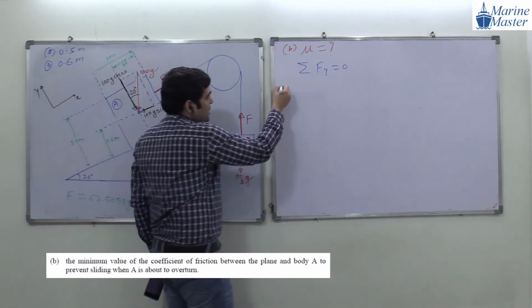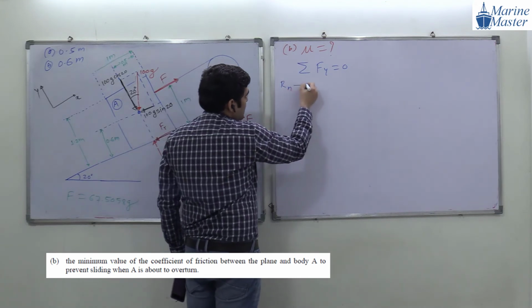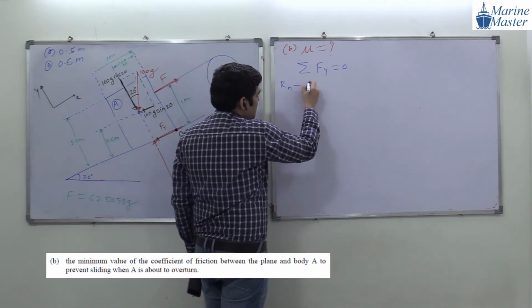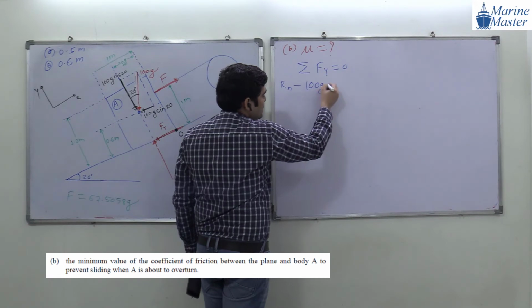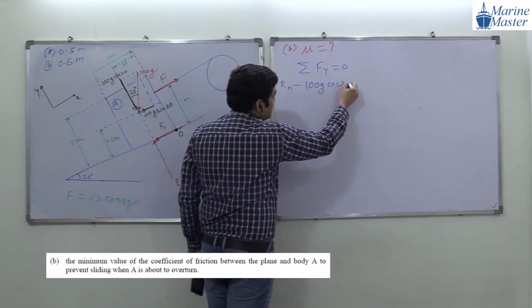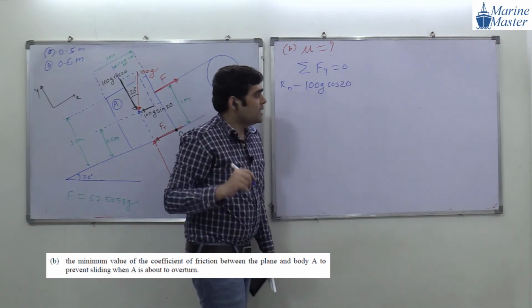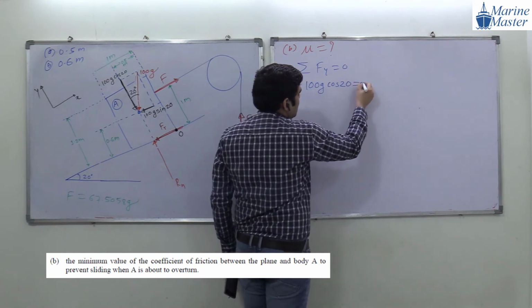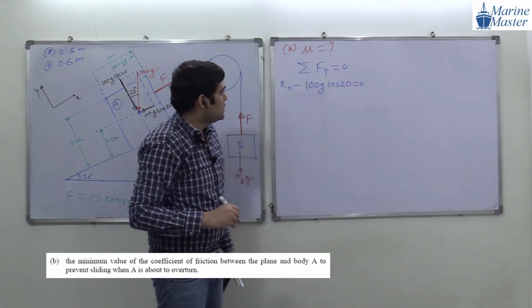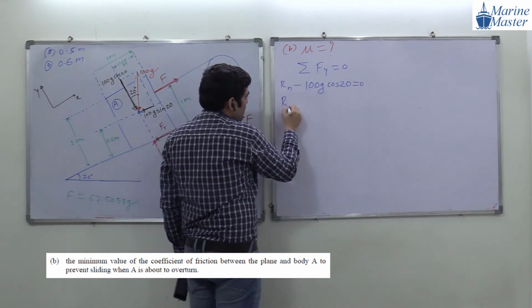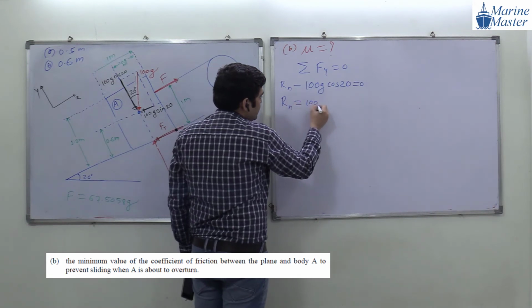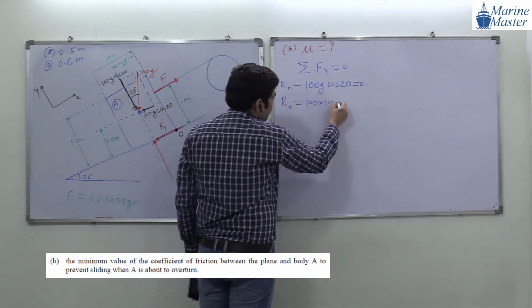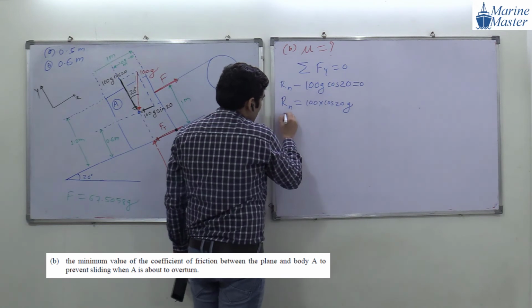So what will be the scenario? Rn minus 100G cos 20 equal to 0. See the point here. So Rn will be equal to 100 into cos 20 into G. So what will we get, guys?